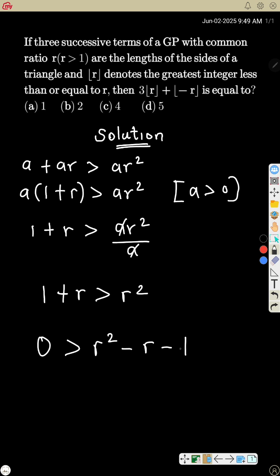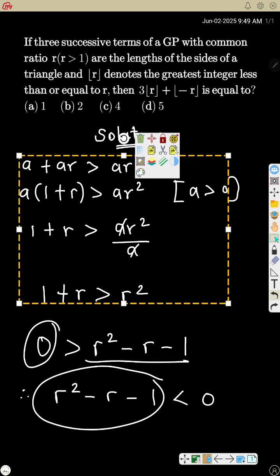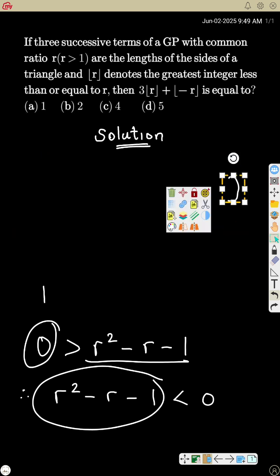So if 0 is greater than this, it also means R square minus R minus 1 is less than 0. As in, if 0 is greater than this, it means this is less than 0. So that is a quadratic inequality that we are going to solve now.